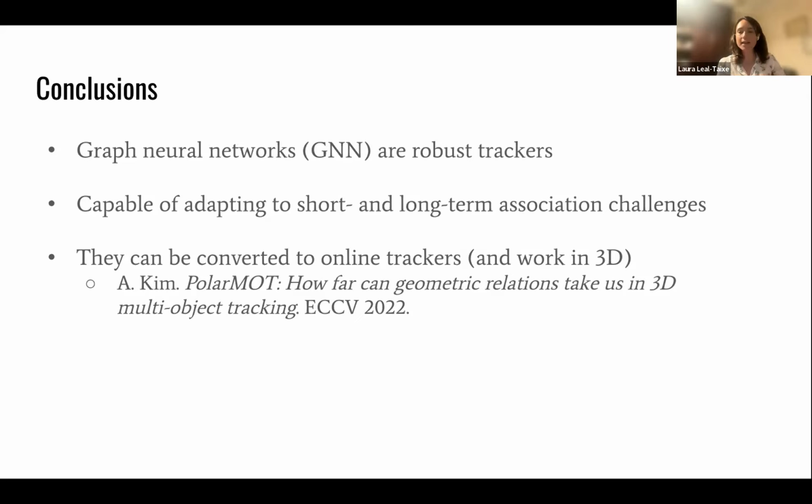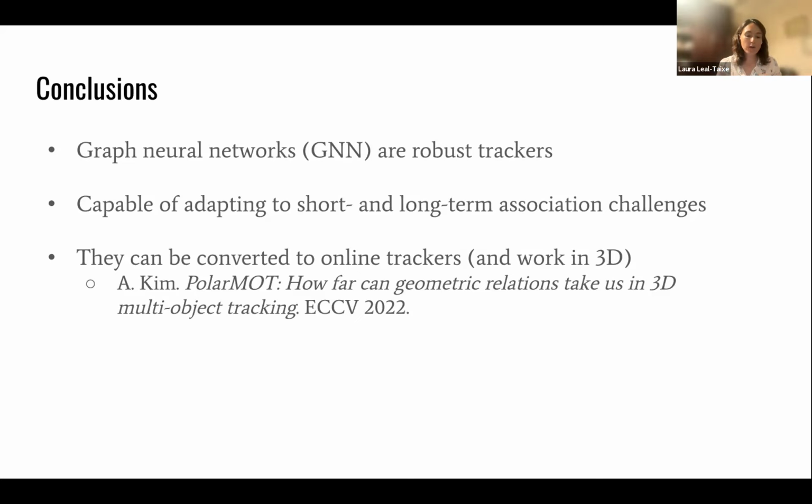We didn't use any type of appearance. And we show that the tracker is so robust because of this graph formulation that we obtain state-of-the-art and we actually generalize to other data sets. We generalize across LiDAR sensors, we generalize across locations, because we use only this geometric information and a really robust graph structure for tracking. And the other cool thing about Polar Mod is that it's actually online.